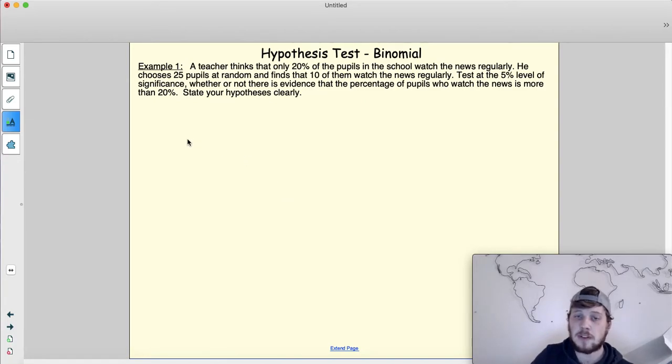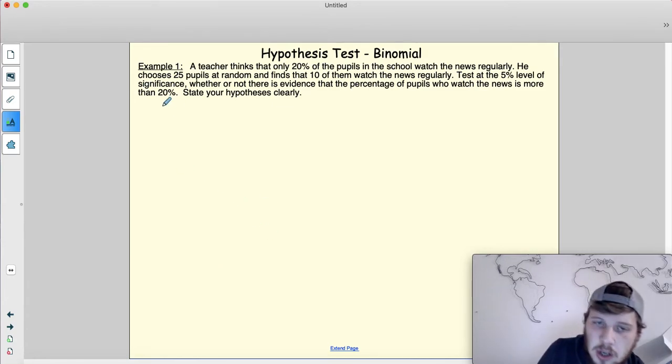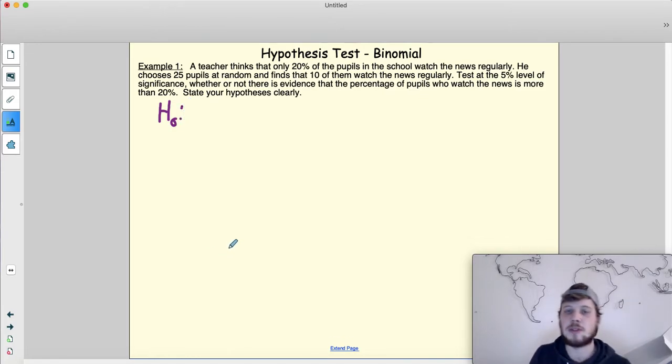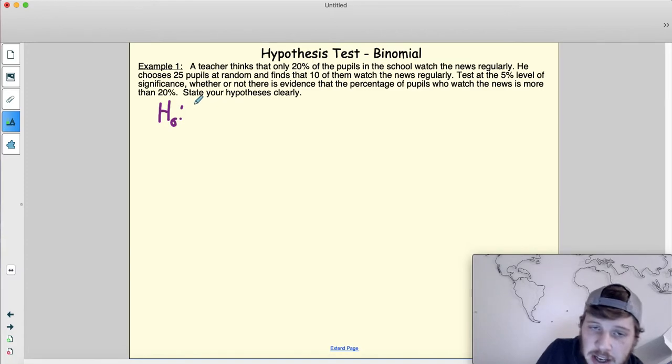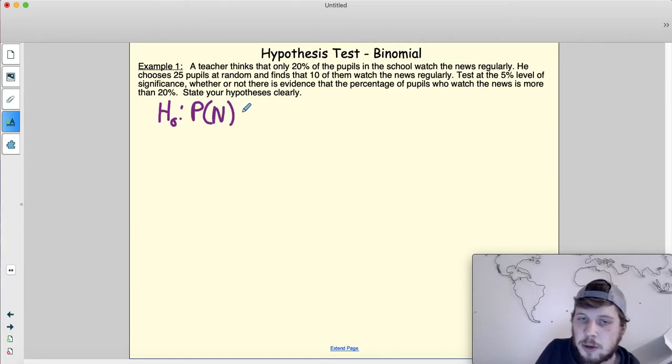State your hypotheses clearly. So, the first thing I'm going to do is make sure that I write down what my null and my alternate hypothesis are. Well, my null hypothesis is going to be what we assume to be true. So a teacher thinks that only 20% of people watch the news, so therefore my probability of people watching the news would be equal to 0.2.